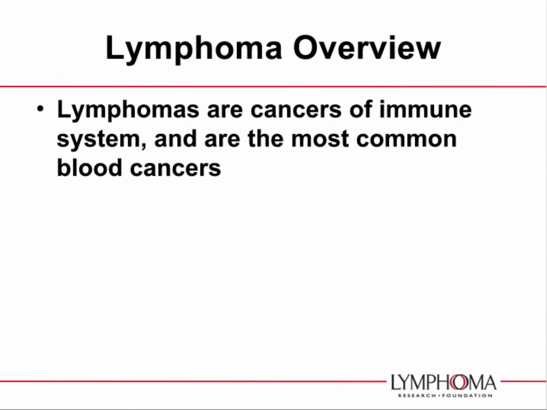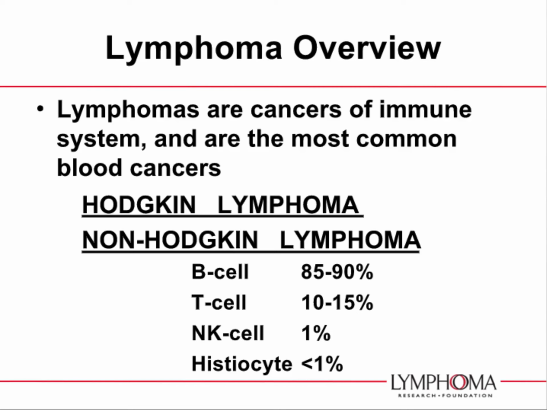So what are lymphomas? When I meet a new patient, it's somewhat challenging. As Max showed, you have the badge table out there and how heterogeneous this disease and cancer is. But generally speaking, it's a cancer of the immune system. And that's challenging too, because there are many different parts to our immune system.